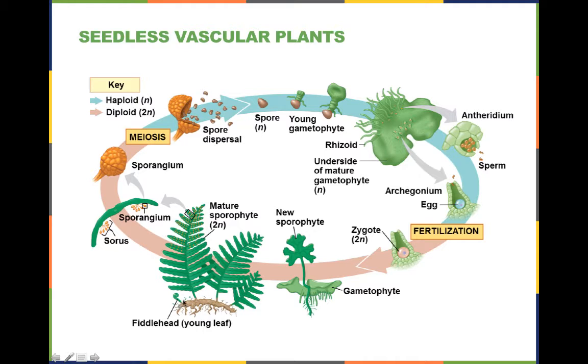The new leaves are called fiddleheads because that's exactly what they look like. They look like little fiddleheads. Now the dominant generation in this fern is the sporophyte generation. Sometimes you have to really look carefully to find the gametophyte generation.